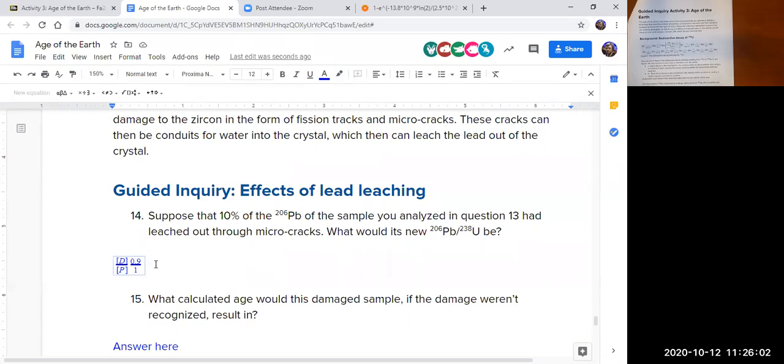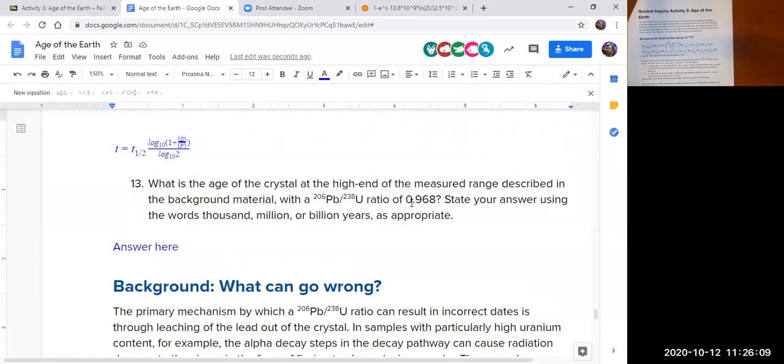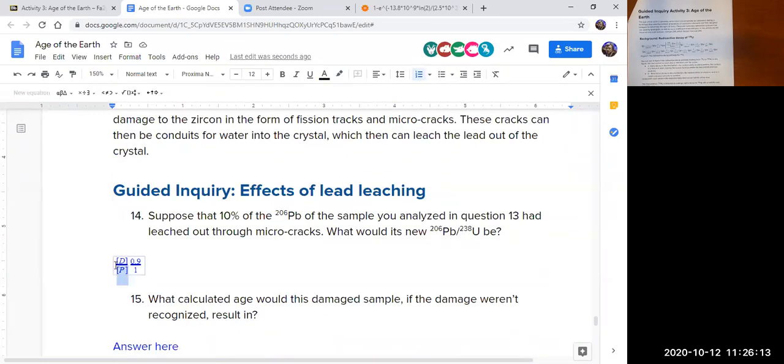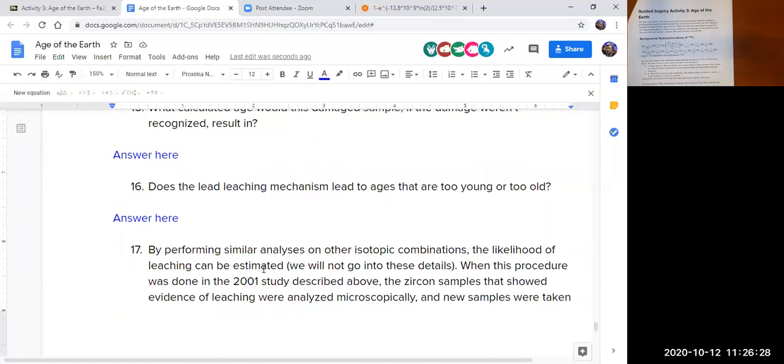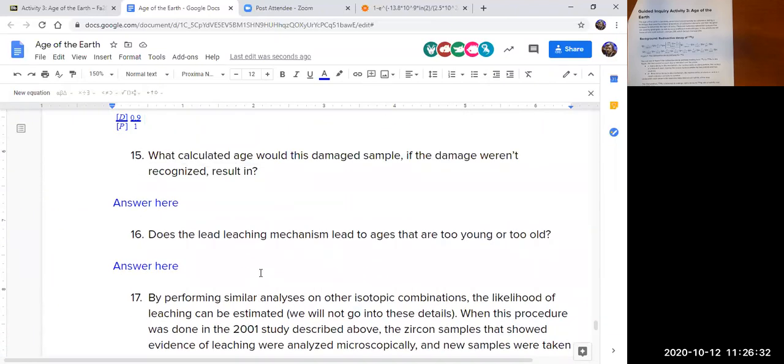And that's it. You take the actual number from question 13, so you take this ratio here, and you multiply it by 0.9. And that's pretty much it. All that's left is then thinking about what the answers that you get mean.